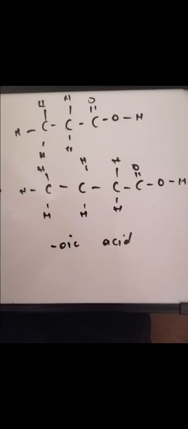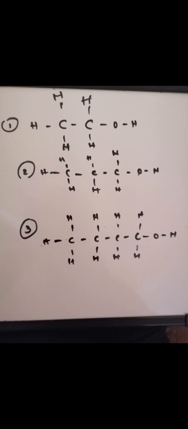So if we were to name this one, we say this is ethyl ethanoate. The suffix for esters is OATE: ethanoate, ethyl ethanoate. That's all the homologous series and how you go about naming them.